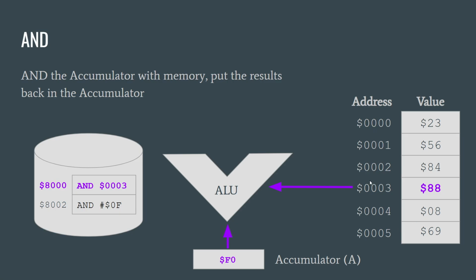And so if we think of this as nibbles, this F0 is effectively saying keep the top nibble, and this 0 at the bottom is mask off the bottom nibble. And so this 88, we keep the top 8 and we mask off the bottom 8. So that's how it turns to 80.